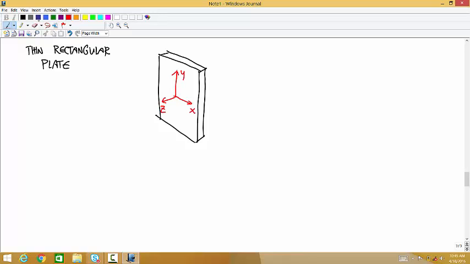X, Y, Z, and we'll say that this distance is L, and this distance is W. Then the mass moment of inertia about the center of mass rotated about x is equal to 1/12 ml squared.